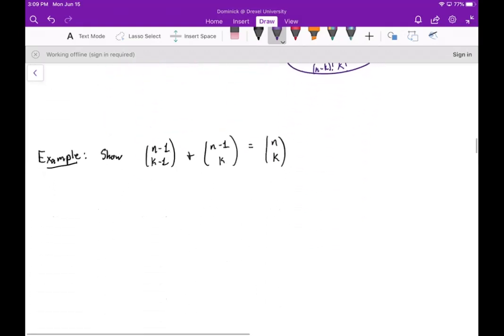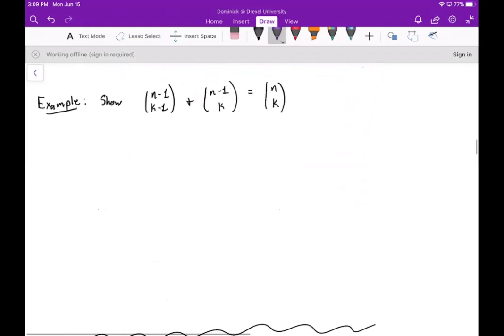Okay, now this next example, you can show either using a combinatorial argument, or you can show it just using algebra. Let's show it using algebra first. Well, we know that if I want to take n minus 1 choose k minus 1, this is n minus 1 factorial over k minus 1 factorial, and then we're going to have an n minus k minus 1 factorial.